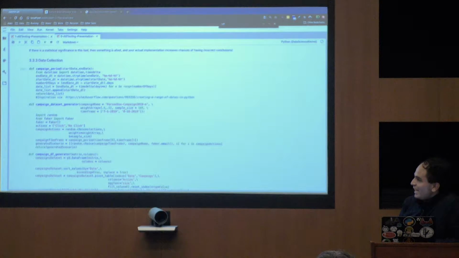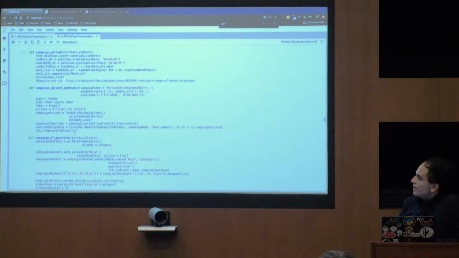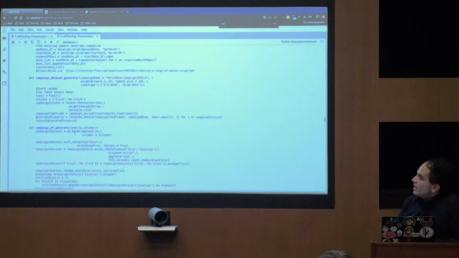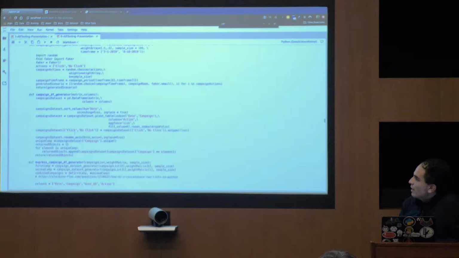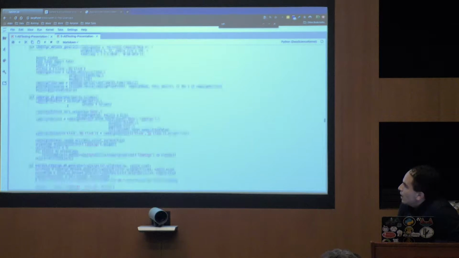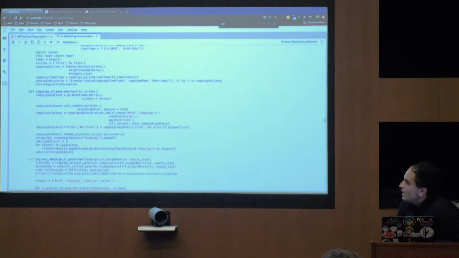For generating some dates, the data set generator gets the actions, your dates, and a fake email of a particular user that may come up in your experiment. And then there's a transformation of the data sets to create data frames of these two groups.